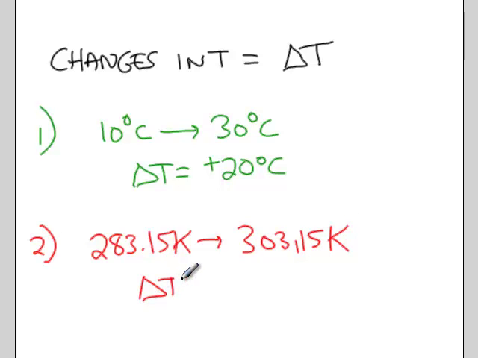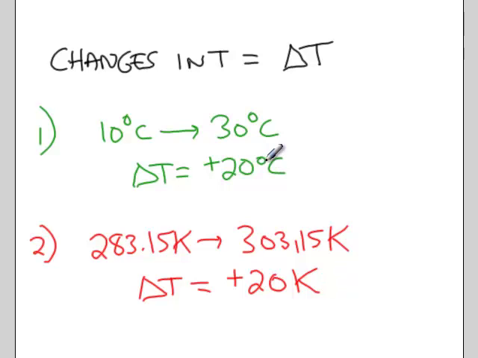So if I calculate final temperature minus the initial temperature, 303.15 minus 283.15 gives me a positive 20 for my difference in Kelvin.